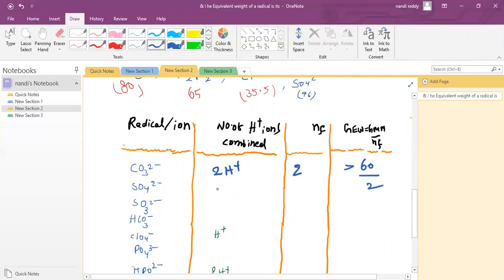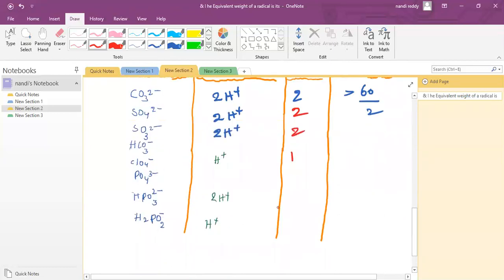Similarly, sulfate can also combine with 2 H plus ions, so here the n factor is 2, here also 2. Bicarbonate ion can combine with 1 H plus ion, so the n factor is 1. Similarly, perchlorate ion can combine with 1 H plus ion, so the n factor is also 1.